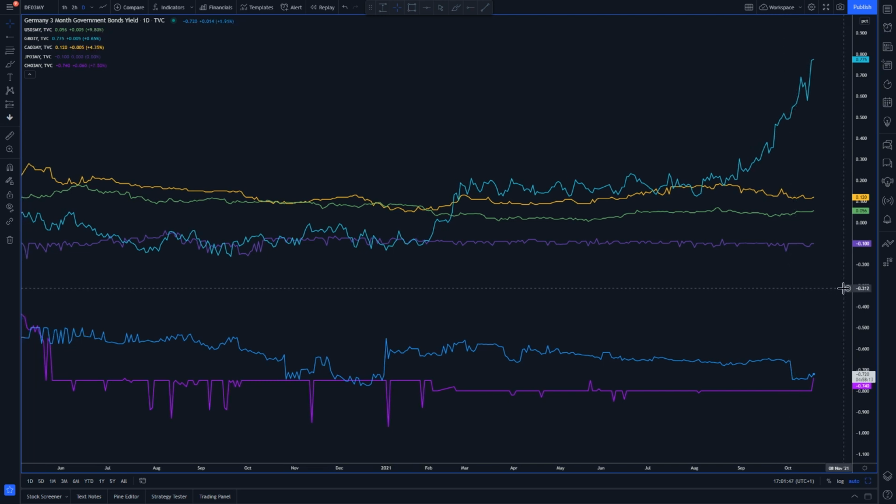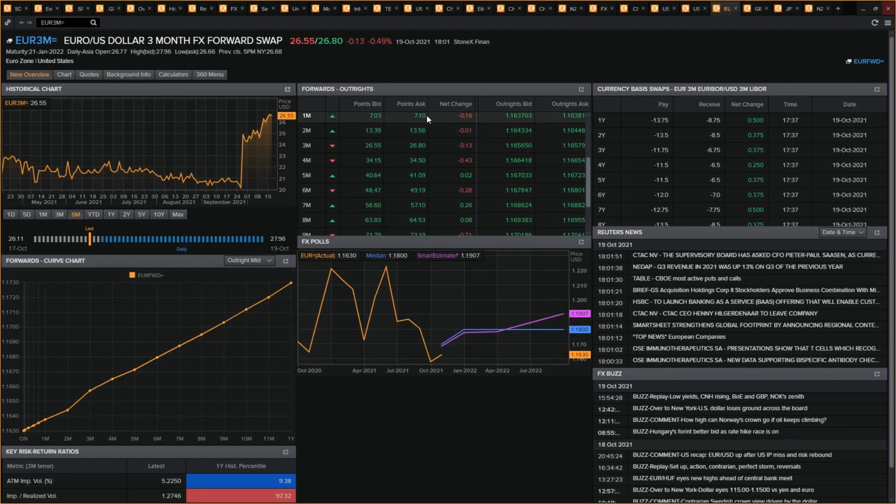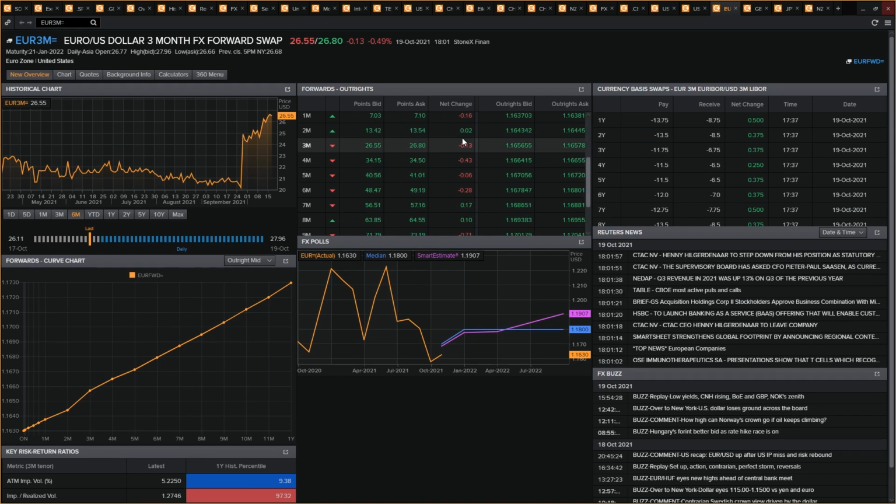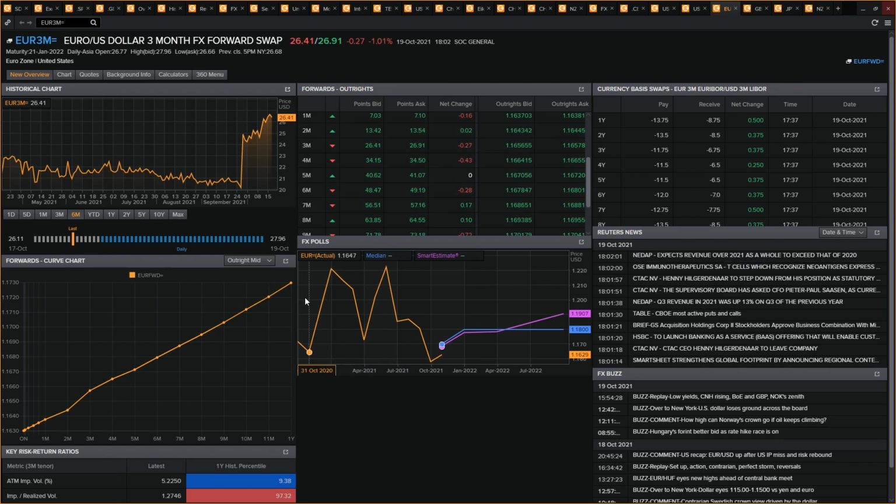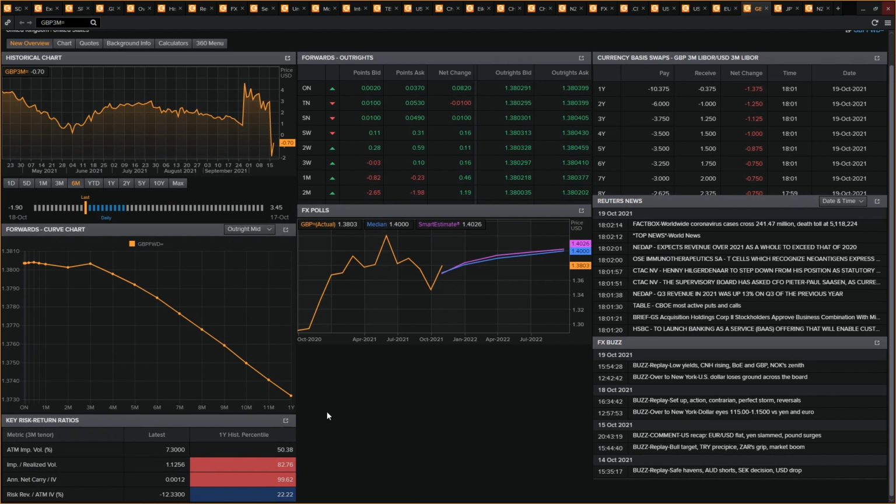Forwards can be very confusing, but always just think of a forward rate as my spot price plus the rate differentials between those two currencies. And then accounting for that over the curve means that your base currency or your higher yielding currency will be trading at a discount compared to your lower yielding currency. And that's why you have that upward sloping forward curve, or that downward sloping forward curve.